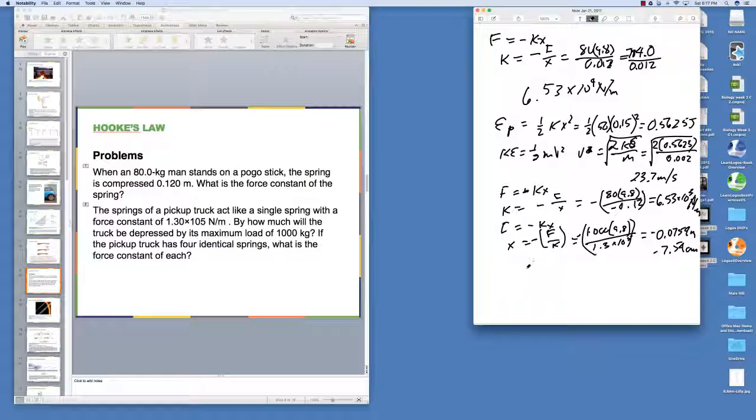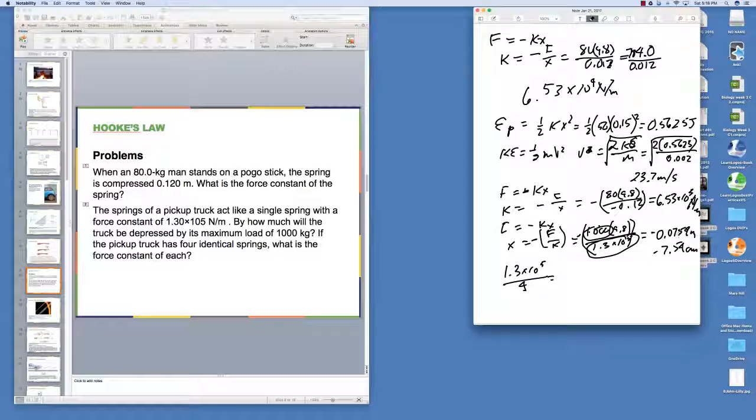It says if the pickup truck has 4 identical springs, what is the force constant for each? There's 2 ways you could do this. You could just take this number and divide it by 4. Or you could take and divide this and say that this is equally distributed.